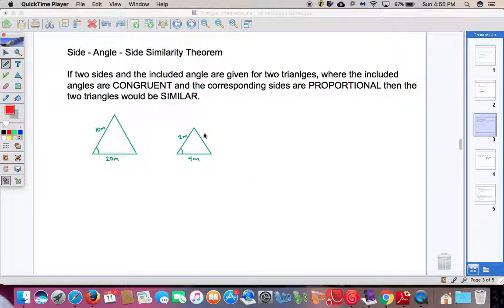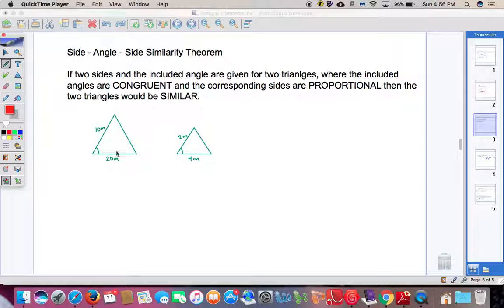Now, if two sides and the included angle are given for two triangles, where the included angles are congruent, okay, so remember in geometry that means the exact same, these angles here have to be the same, and the corresponding sides are proportional, then the two triangles would be considered similar.